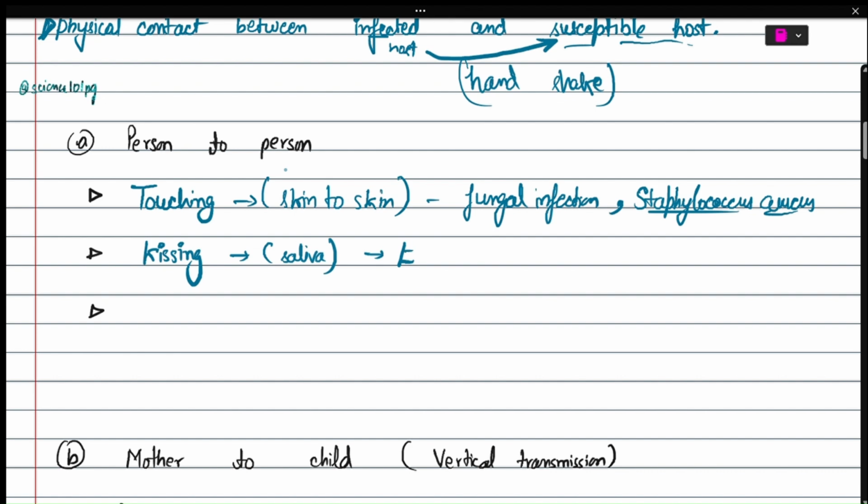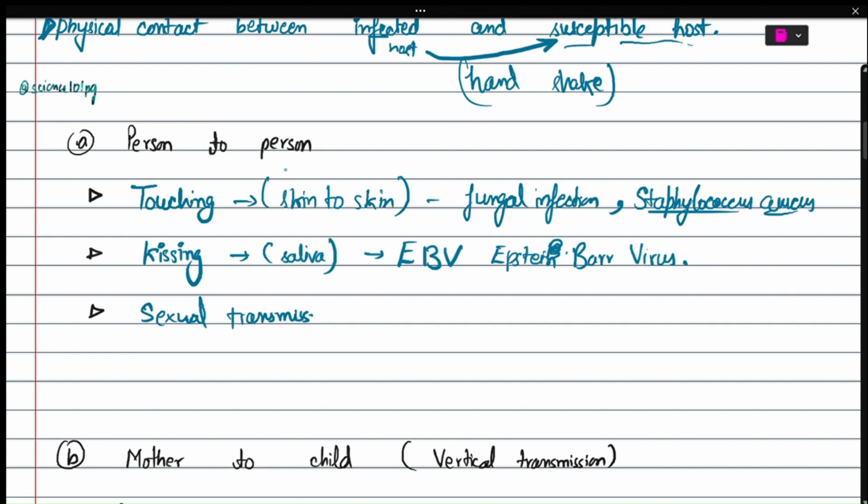The example for it will be Epstein-Barr virus. Sorry, my board skipped. And the third mode of direct contact is sexual transmission.